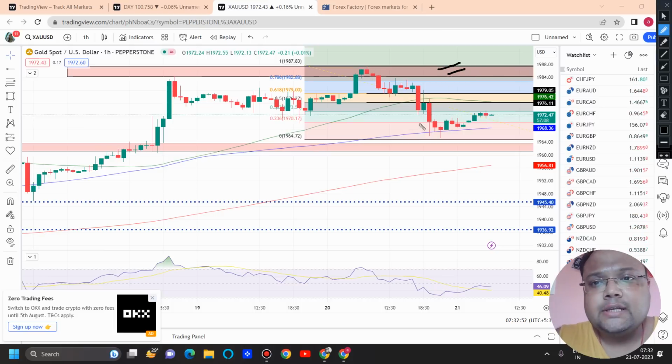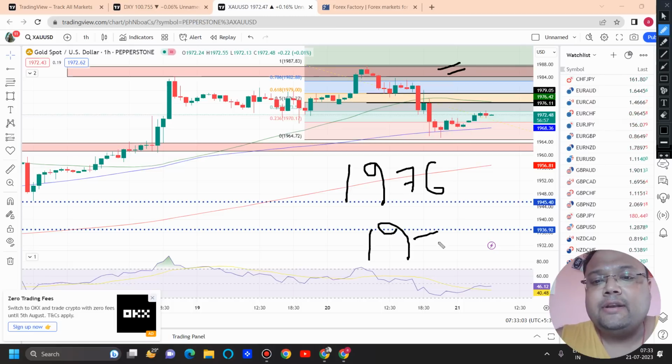Before this big resistance, we also have a few minor resistances for scalpers for 15 to 20 pips around 1976 and 1979. You can see here I have used Fibonacci, and here the market is standing at FIBO 38.2% right now. So Fibonacci is working.